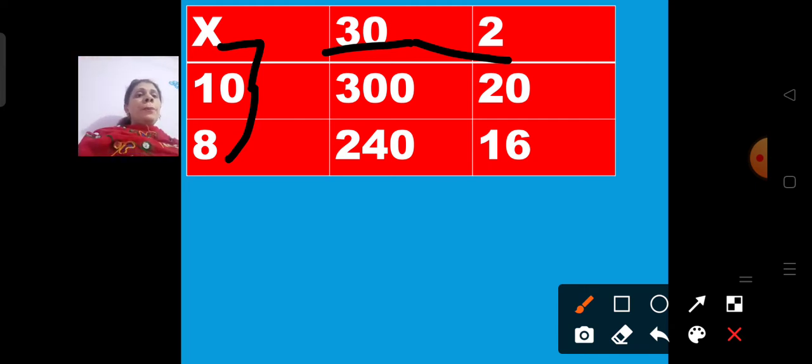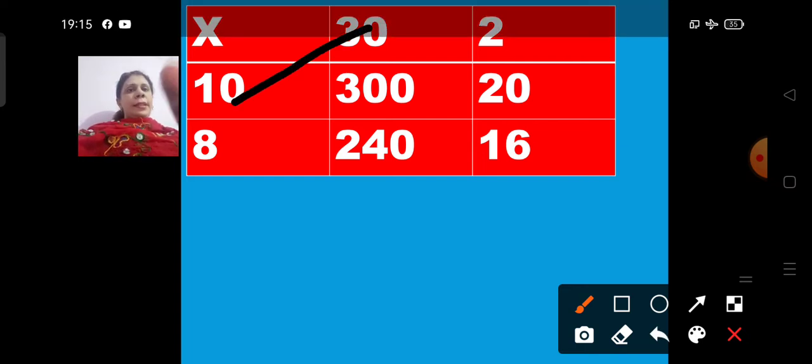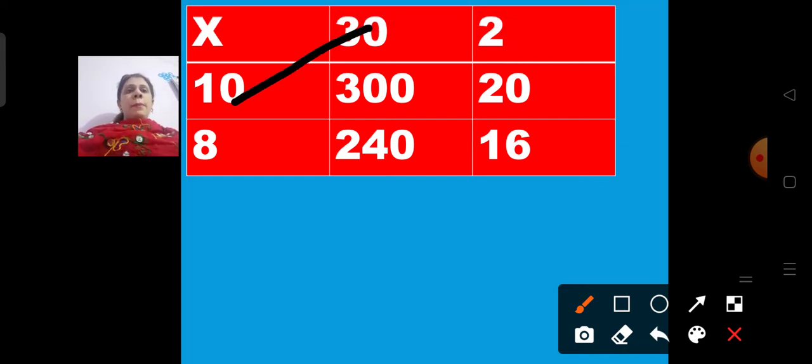Now I am going to multiply. First, 30 into 10. So 3 ones are 3, and I told you how you are going to add 0s in that. First you multiply 3 ones are 3, and this 3 you are going to write.